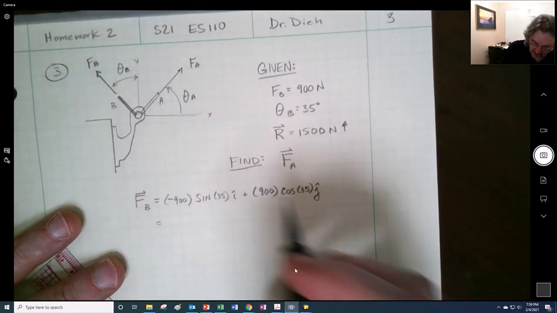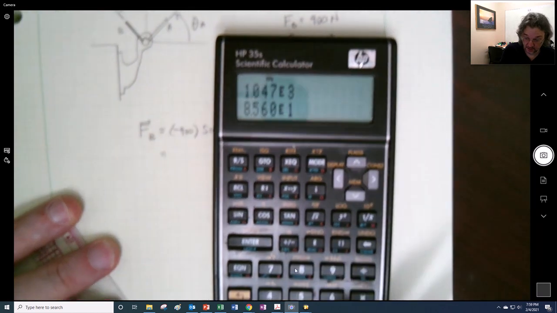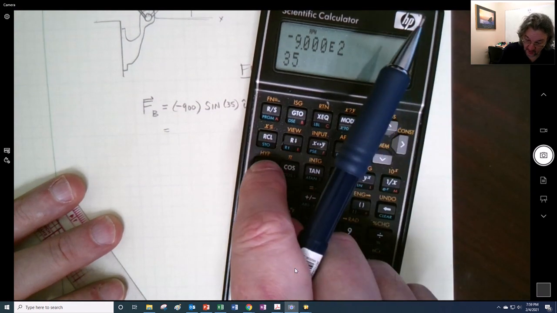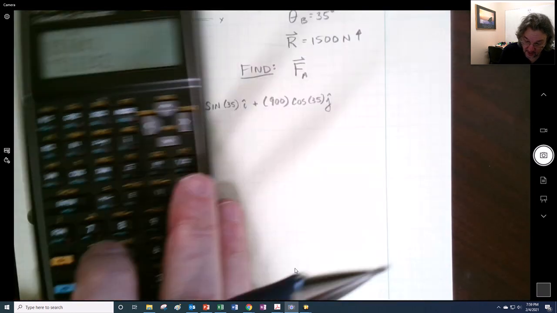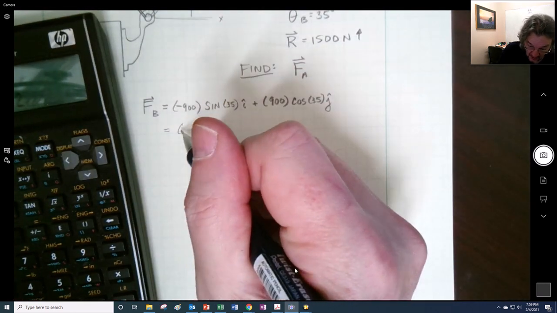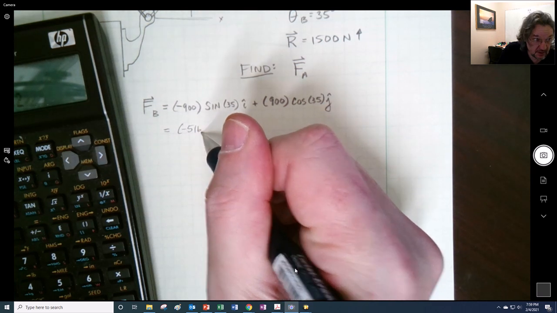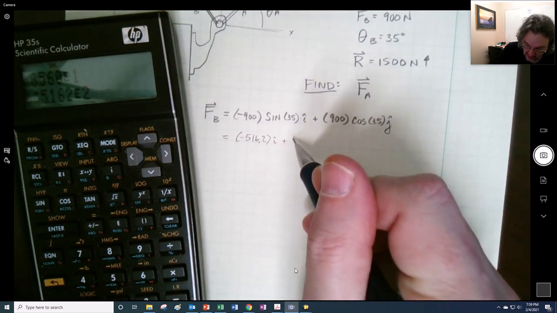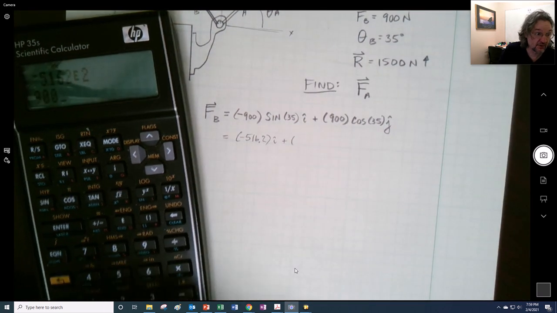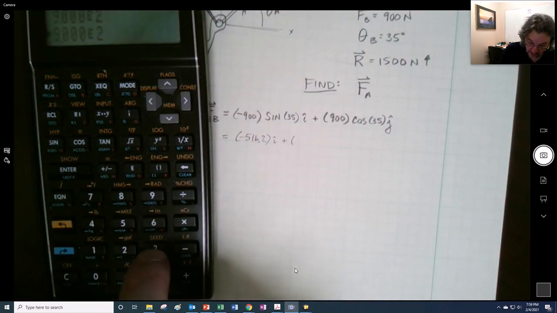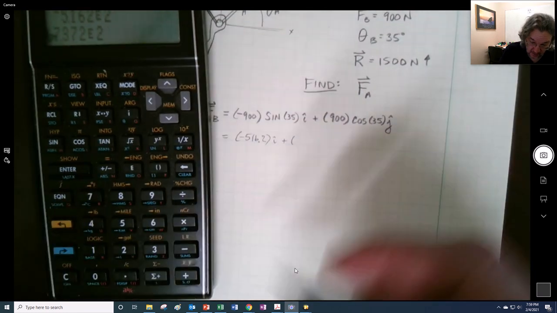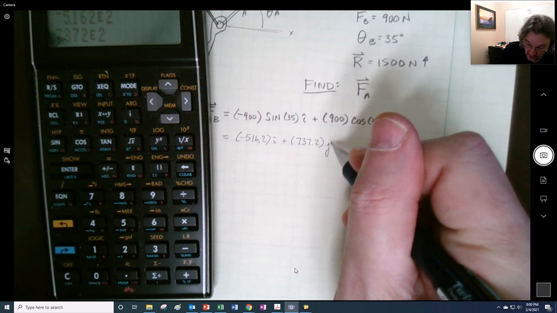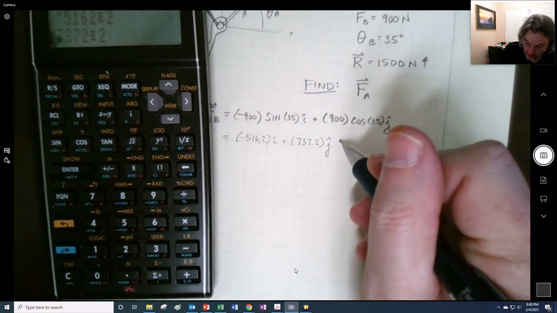So I will write this out down below: 900, negative, 35 sine, we get negative 516.2 i, and then 900, 35 cosine, we have 737.2 j, and these are newtons.